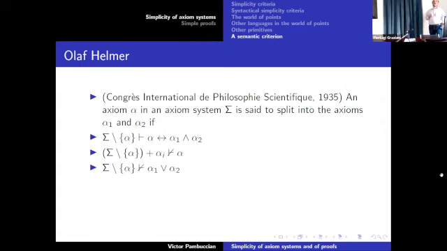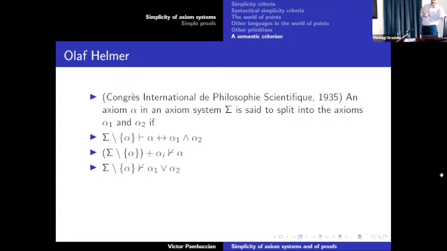Why do you need this third condition? The first two, you can think, okay, I understand them, they're nice. Why do you need the third one? Because if you don't put the third one, then people could come up with stupid splittings. Suppose alpha 1 is something weaker than alpha. And then instead of alpha 2, you write alpha 1 implies alpha.